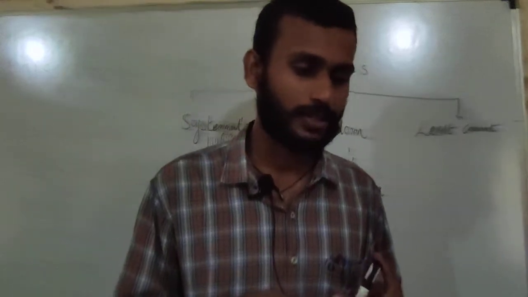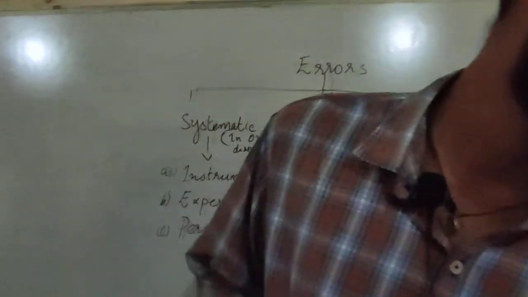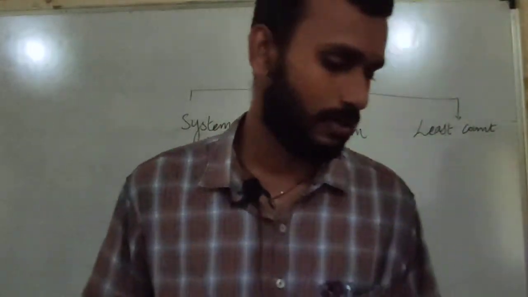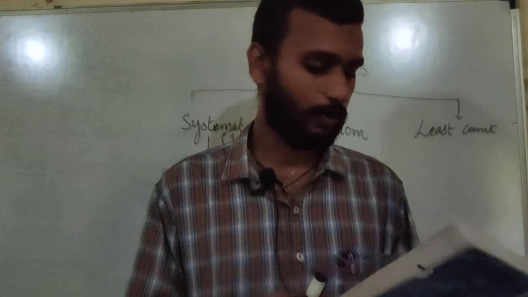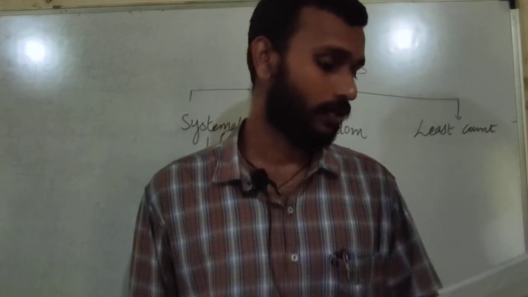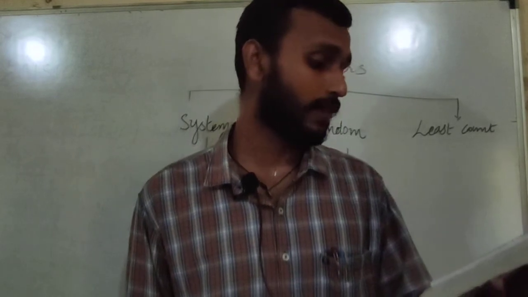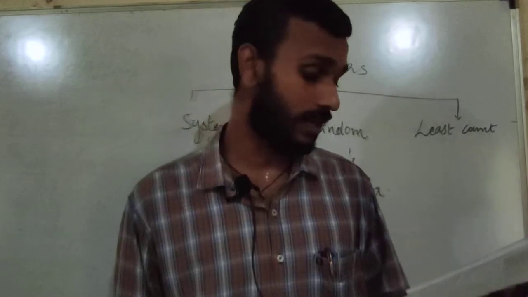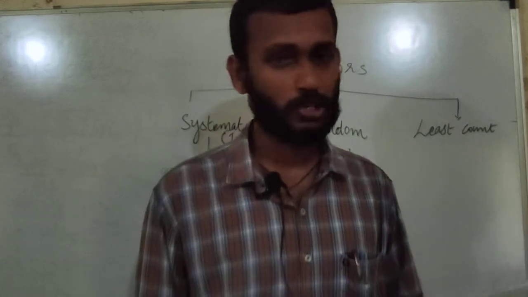Actually, it is given in the textbook, you can read that and copy it to the notebook as well and study it. So the instrumental errors arise from imperfect design or calibration of the measuring instrument.